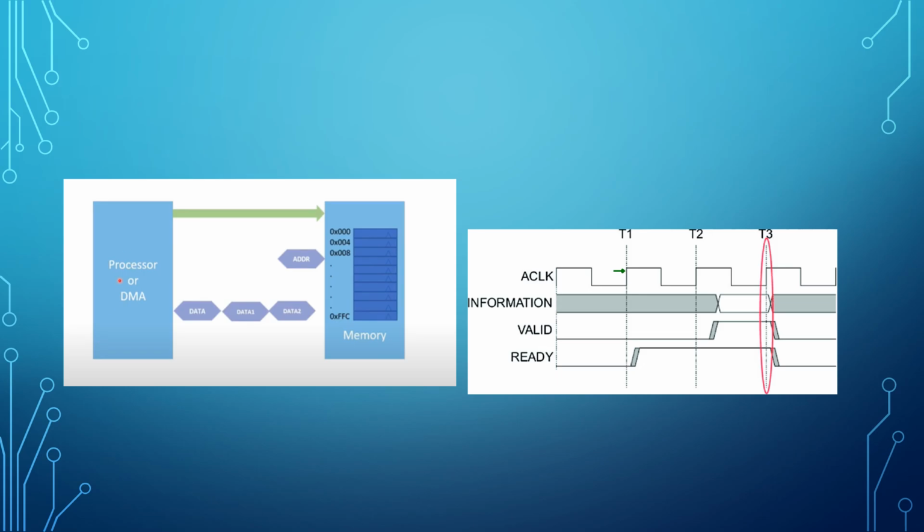If the CPU processor is busy, the memory module will wait, and if the memory module is busy, the processor will wait until it becomes free. It will wait in both cases, and whenever ready and valid signals are both high, it will make sure the data has been sent successfully.